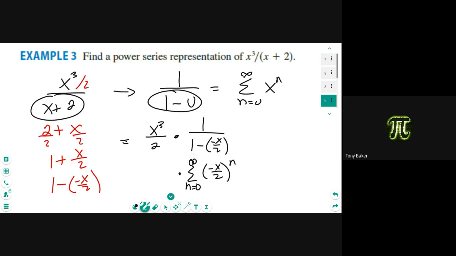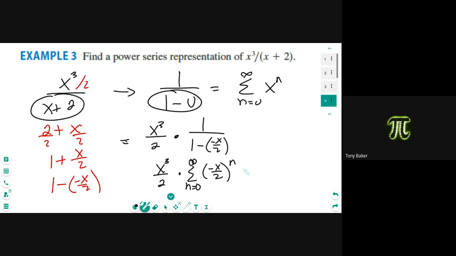Does this have an n in it at all? No. So in terms of the series, that's in essence a constant. That wouldn't be changing at all, so we can just bring it down.